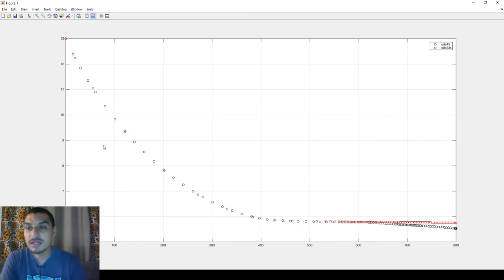The second thing is that the distance between the points in the ODE45 solution is constant. It gives you a constant increment between every two points until it reaches this point, and then it starts to give the weird results. However, the stiff solver gives unequal increments. It goes from here to here, and then you have 2 points in between, then 3 points in between.